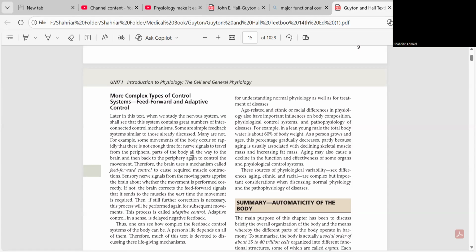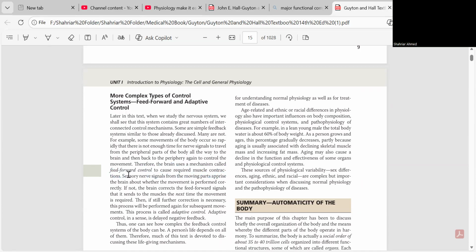In this situation, the feed-forward control system is activated. Therefore, the brain uses a mechanism called feed-forward control to cause the required muscle contraction.